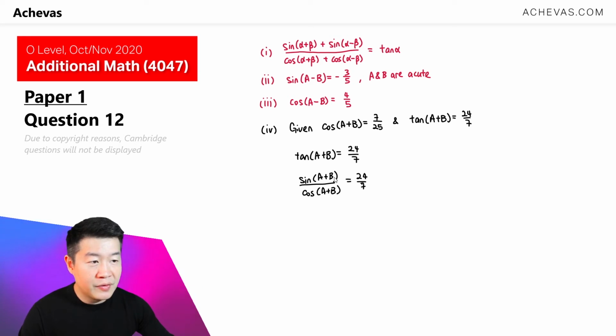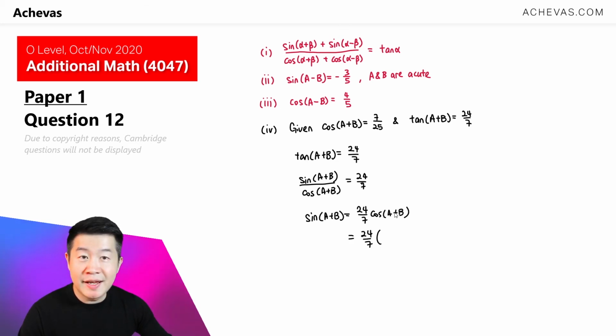And this will help us to find sine of A plus B, because sine of A plus B is simply equal to 24 over 7 multiplied by cosine of A plus B. So it is 24 over 7 multiplied by 7 over 25, which was given to us as cosine A plus B. So sine A plus B is equal to 24 over 25.